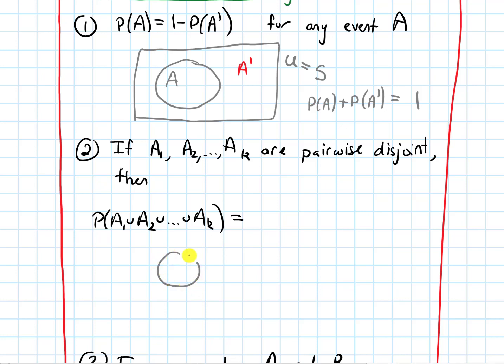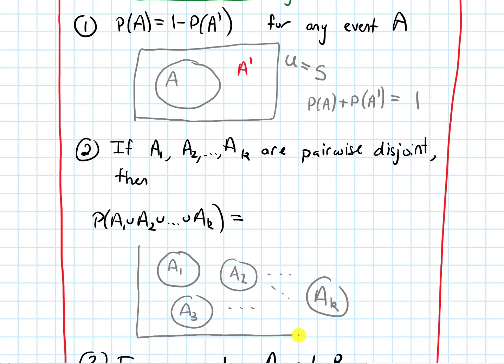So I'll draw a Venn diagram, I'll have a circle for A1, a circle for A2, and I'll draw A3, and then maybe there's some more, so I'm just going to put some dots, and I'll have a circle for AK. All right, and now let's draw a rectangle for our universal set U, which I can also call S for my sample space.